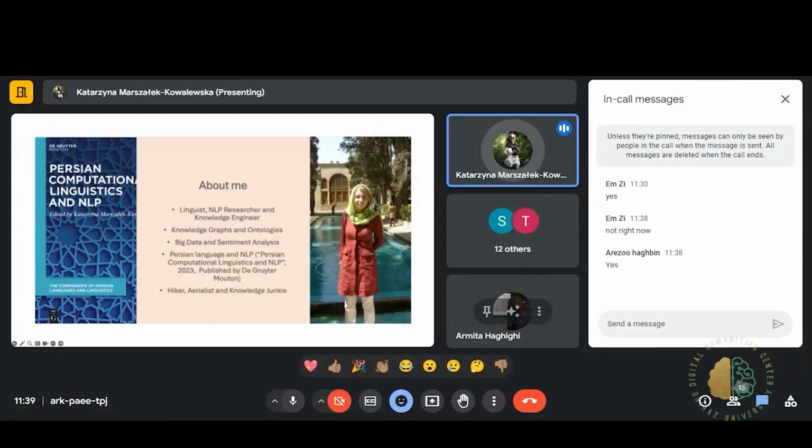My interest and excitement about natural language processing is quite involved with the Persian language. Last year, I had the opportunity to publish my book, which was exactly on Persian computational linguistics and natural language processing.